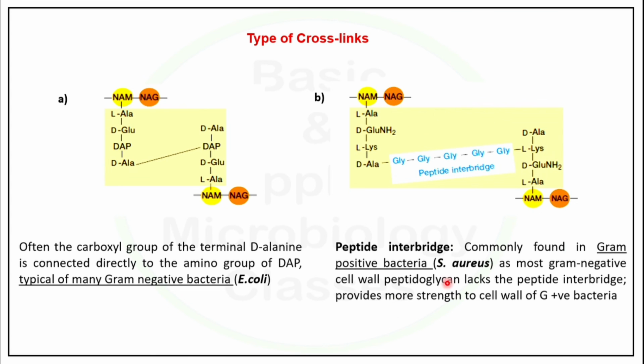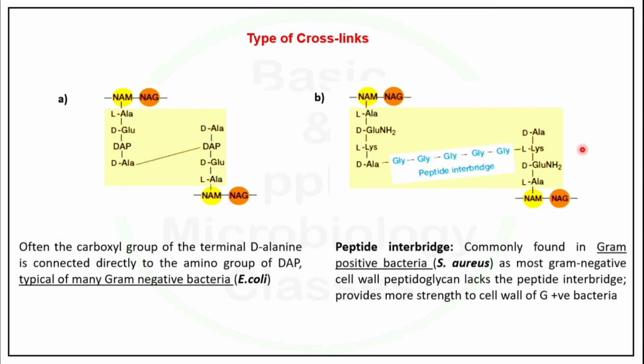It is commonly found in gram-positive bacteria, as in most gram-negative bacteria the cell wall peptidoglycan lacks the peptide interbridge. What is that peptide interbridge? It is made up of a peptide chain of five amino acids of the same kind, glycine. So five glycine residues form a peptide chain that acts as an interbridge for cross-linking D-alanine with L-lysine.